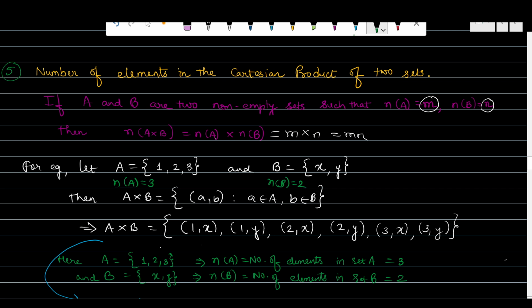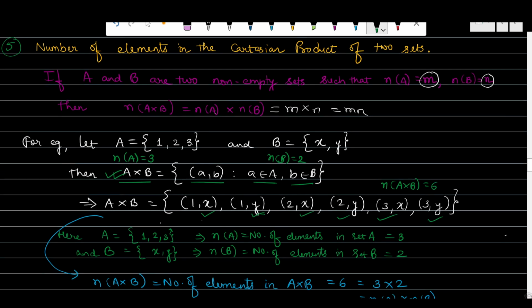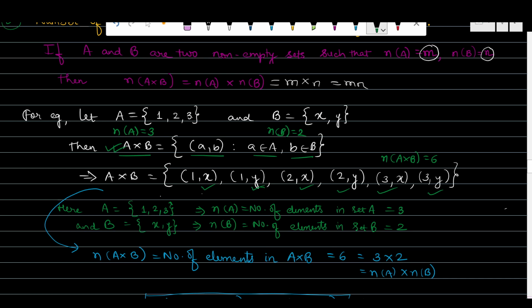Now we know how to find A cross B, the Cartesian product of two sets. So we have found out the Cartesian product A cross B. Now you count the number of elements in A cross B: 1, 2, 3, 4, 5, 6. So cardinality of A cross B is 6. So here cardinality of A is 3, cardinality of B is 2 and cardinality of A cross B is 6.